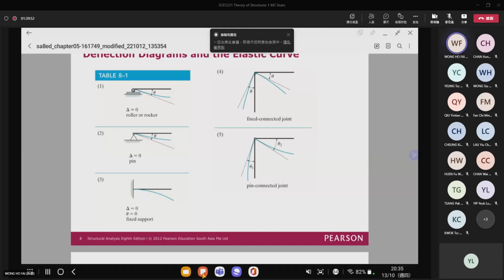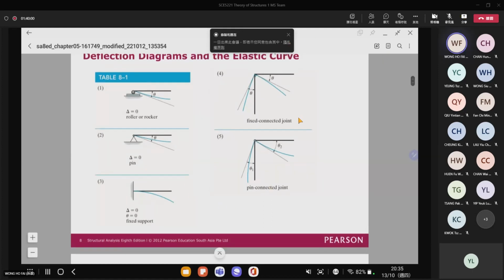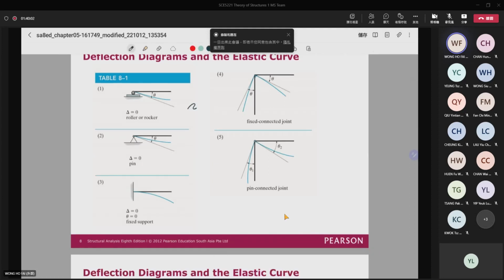Like for the roller and for the pin, you can see that when the structure is subjected to the load, say for example here, if it is a simply supported beam, when you have a load applied here, then it will deflect like that.